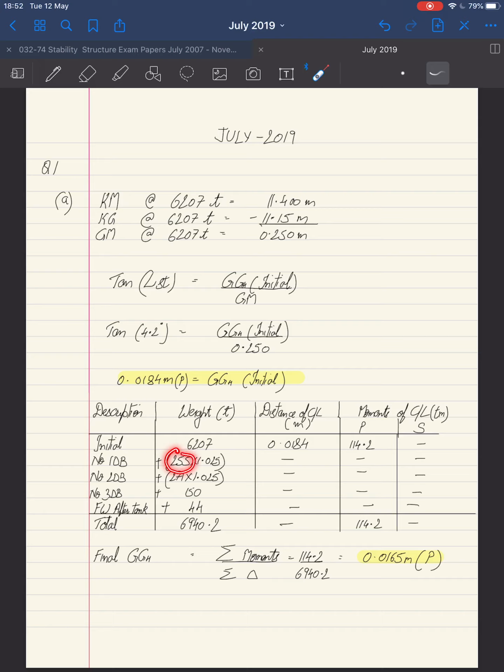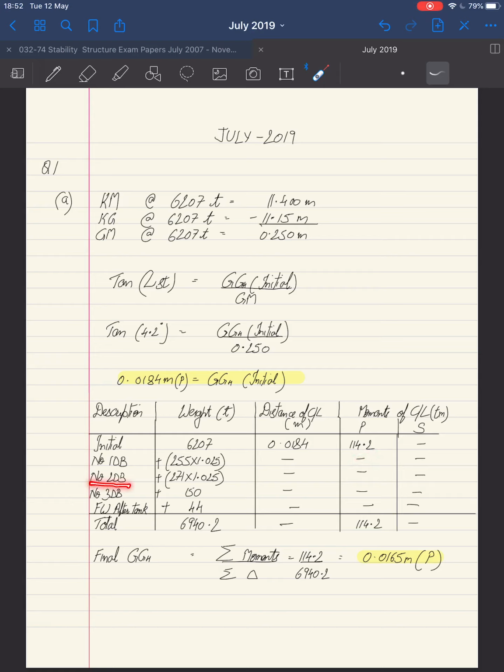So the volume is 255 cubic meters and the density of water we are filling in the tank is 1.025. When we multiply these two numbers, we get the displacement. The distance from centerline is 0, obtained from the ship's particulars. Since the distance is 0, there are no port and starboard moments.